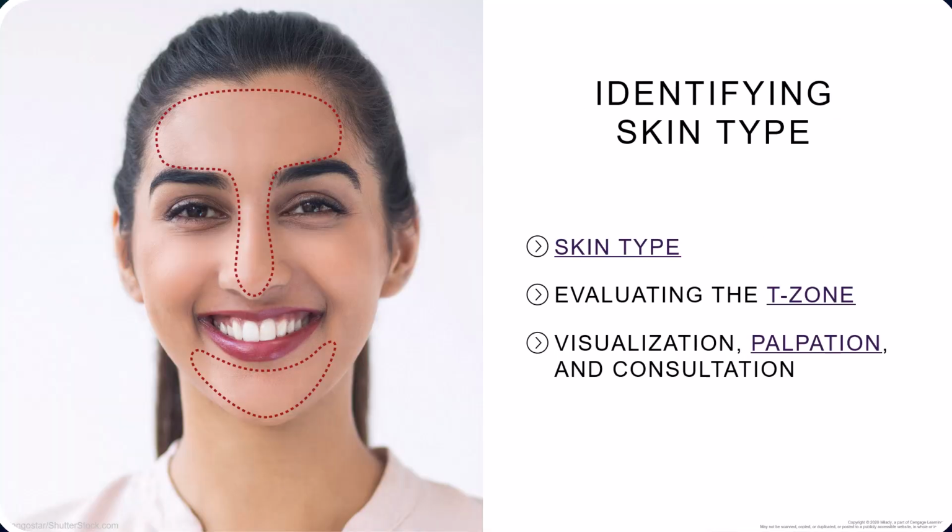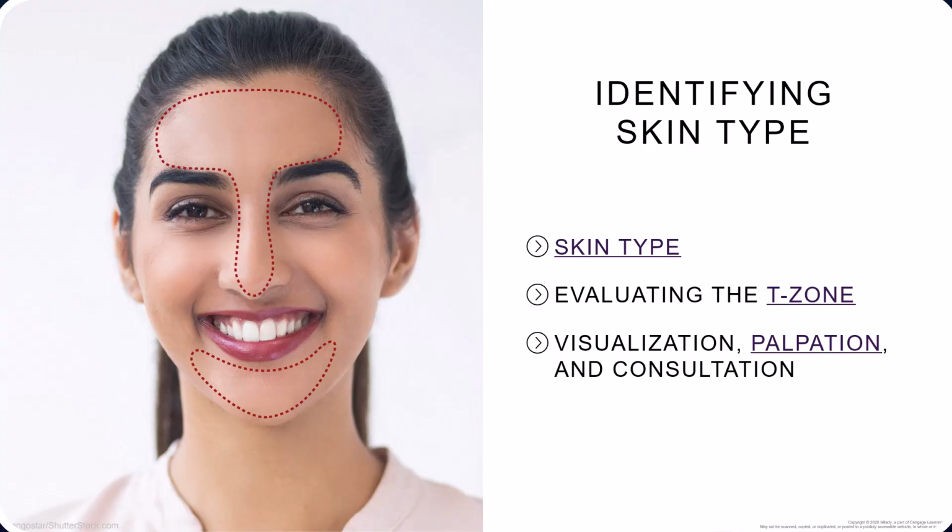So skin type itself is a classification that describes a person's genetic skin attributes. It's determined by our genetics, and can be determined by ethnicity, but it can also change over time. For example, as we age, our oil production slows down.